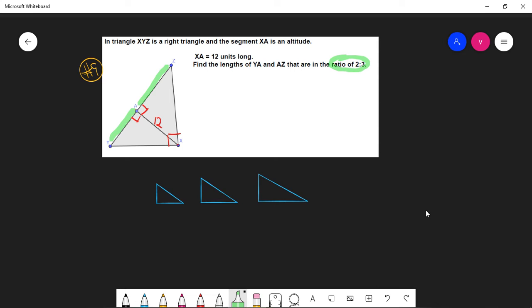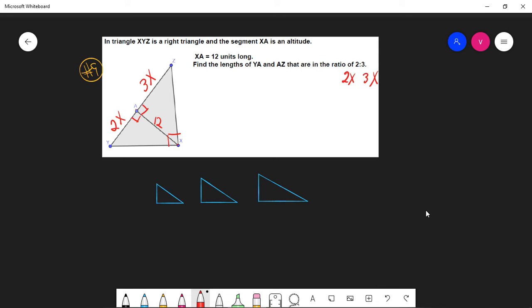So here's all you need to do, just label that. That will be 2 to 3, but we don't know that it's exactly 2 there. We just know that this side divided by that side over there will be 2 to 3. So 2 times some number and 3 times some number. Whatever they are, you just put an X there basically. So just 2X on one and 3X on the other one there.